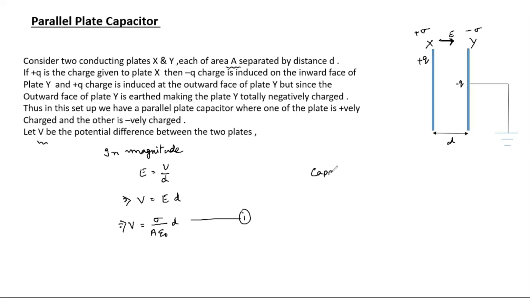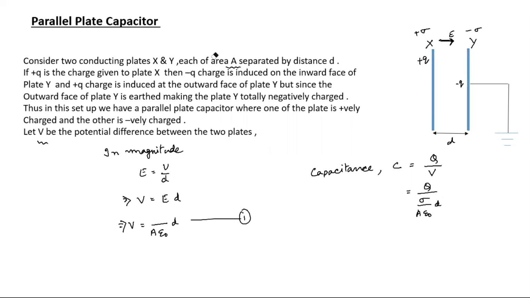Capacitance. C is nothing but Q by V, charge per unit potential. So you replace this V value, which is nothing but sigma by A epsilon naught into d.